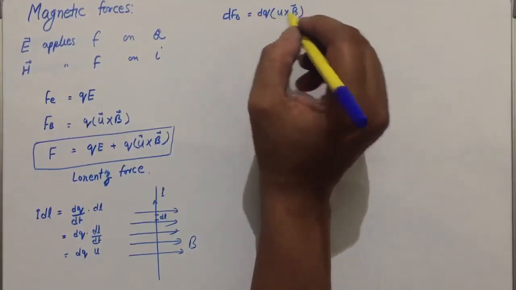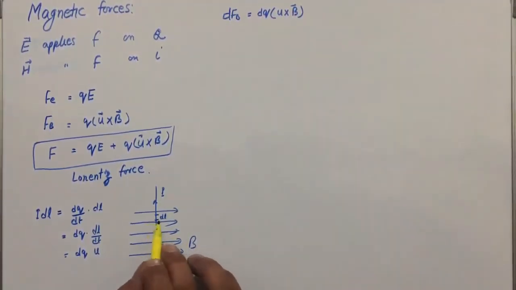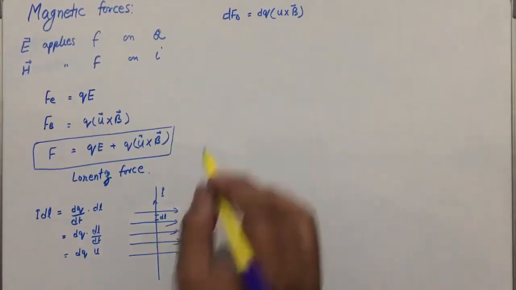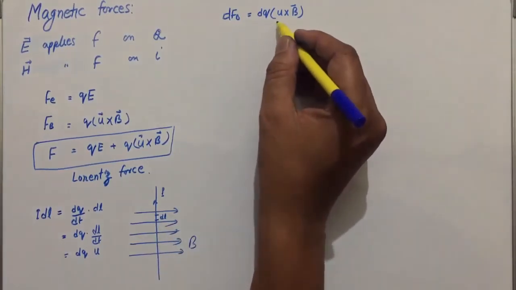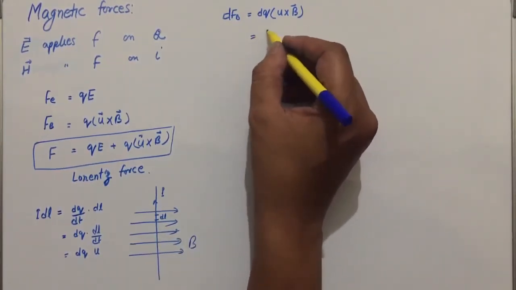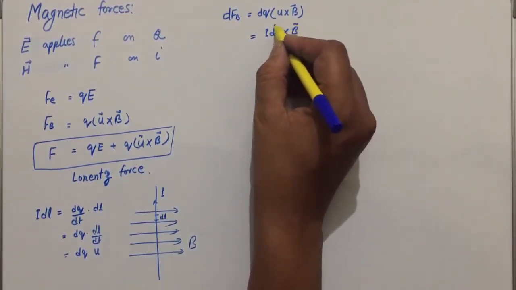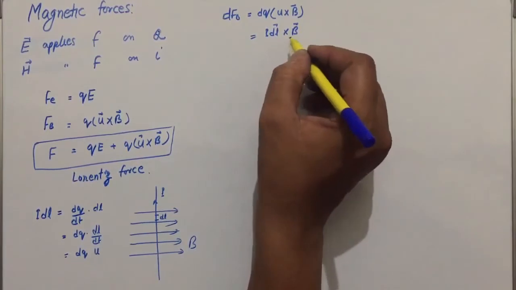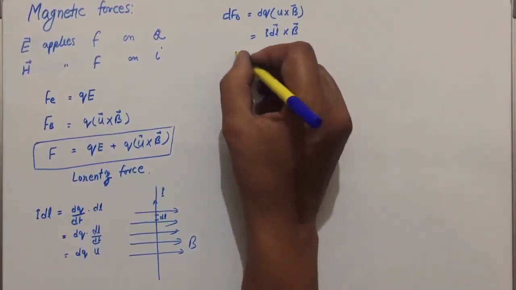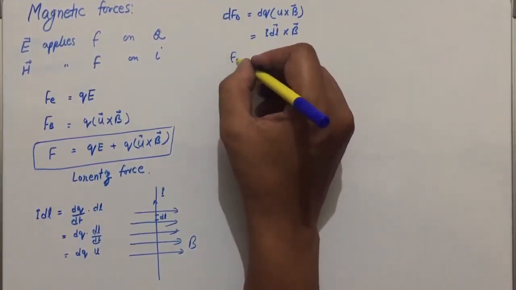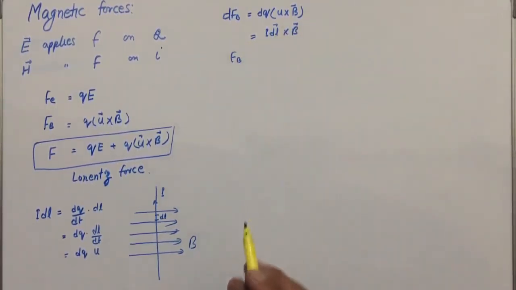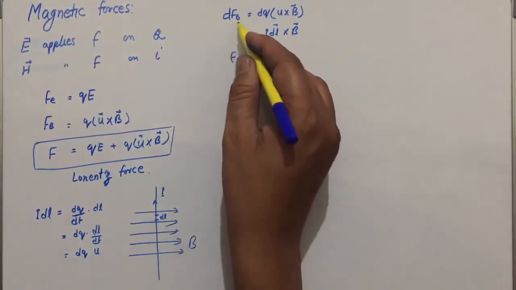The magnetic force that will be experienced at this portion, the charge of this portion is dq, and due to that it will experience a force like that, and this can be written as IdL cross B. So from here, if we wish to find the magnetic force at this portion, then this is given.